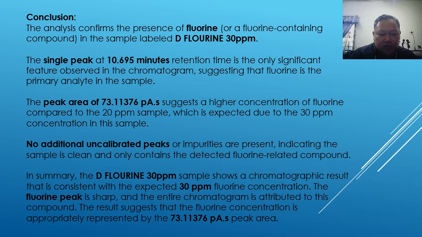The fluorine peak is sharp, and the entire chromatogram is attributed to this compound. The result suggests the fluorine concentration is approximately represented by the 73.11376 pA peak area.